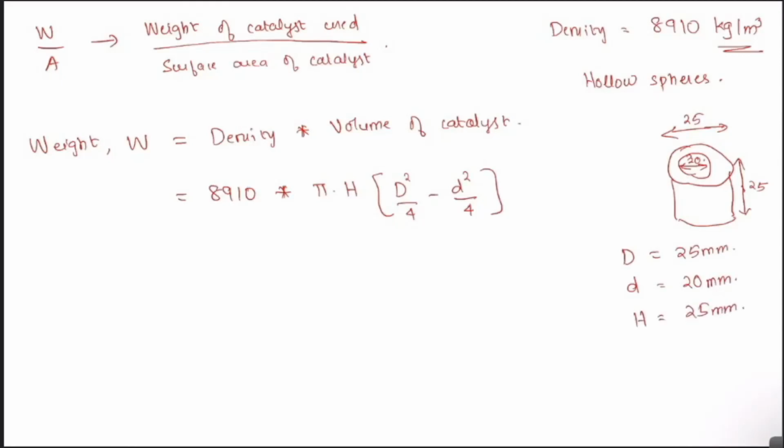So weight of the catalyst W will be 8910 into pi into 0.025 meter, by 4, into D square minus d square. So 0.025 square minus 0.02 square.